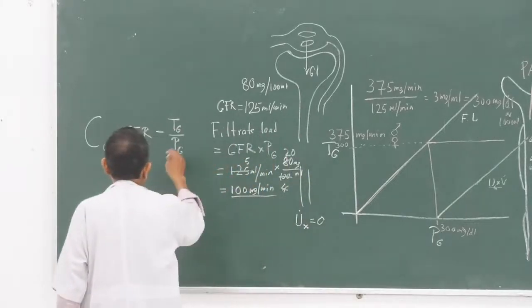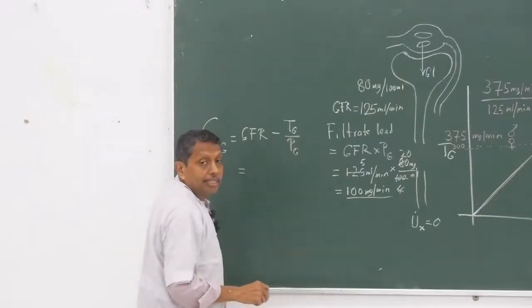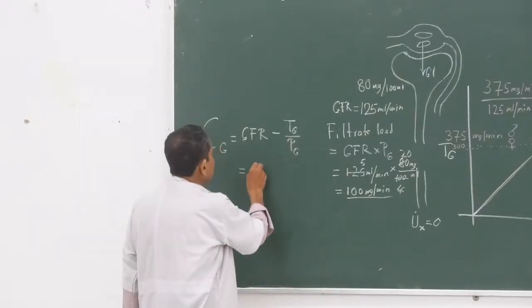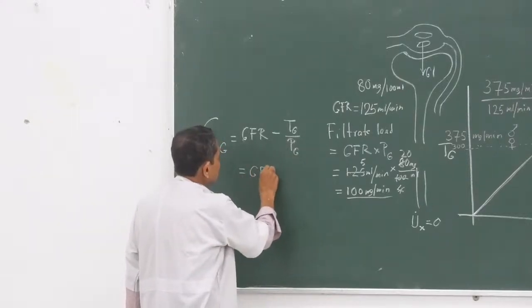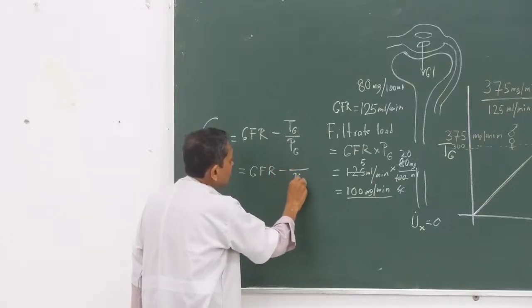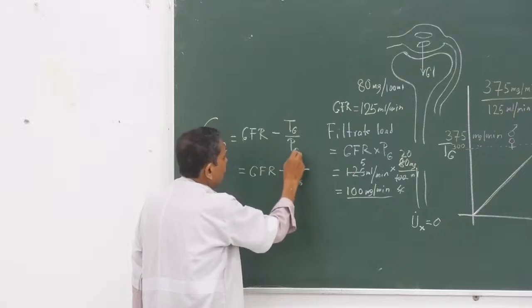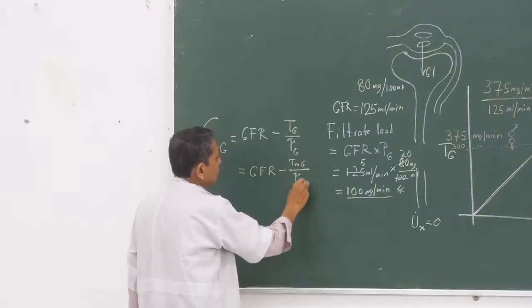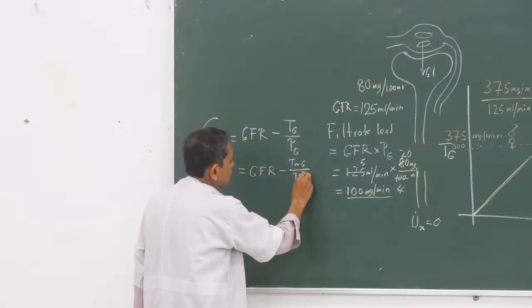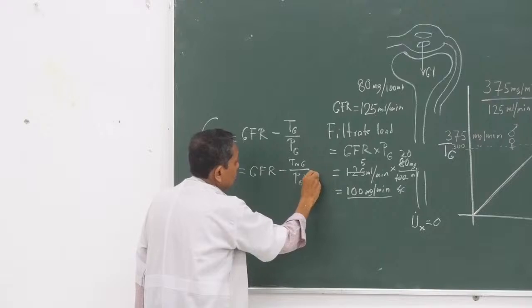And this formula is also applicable whenever the plasma glucose is equal to or greater than the theoretical threshold, and TMG is equal or greater than that of theoretical threshold.